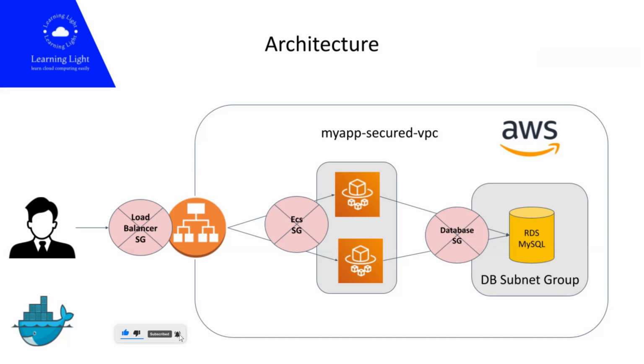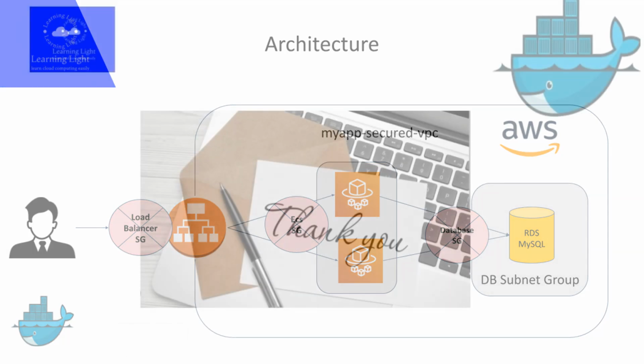Fargate is a serverless container orchestration platform, and we have successfully run the application from our ECS Fargate service, created the MySQL private database, and securely communicated to the database from our application.